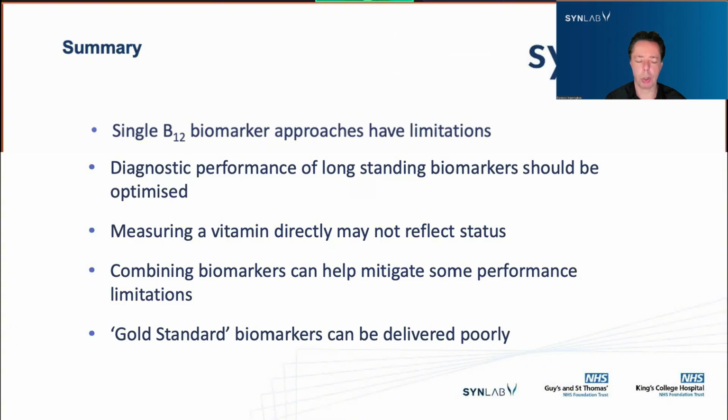So recommendations tend to suggest using serum B12 or active B12 as your frontline test, remembering that active B12 performs marginally better than serum B12, and then for a proportion of patients who are in an indeterminate range, also perform methylmalonic acid. But remember, even a really great biomarker like methylmalonic acid can be delivered poorly if you're not careful around reference intervals and standardisation and harmonisation of assays.